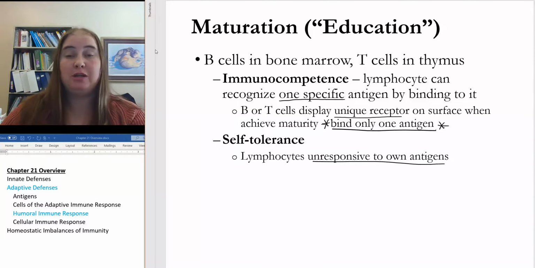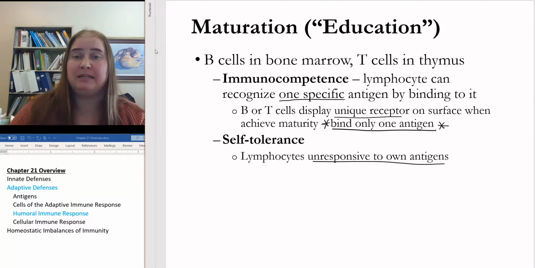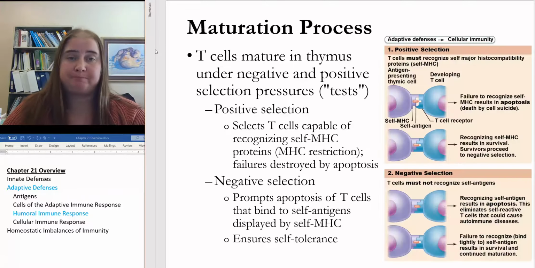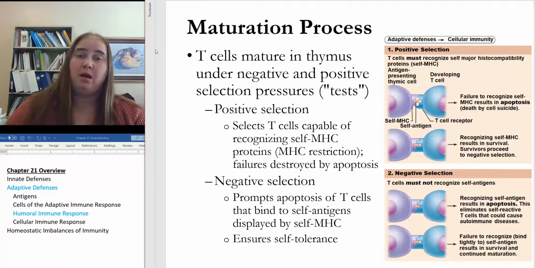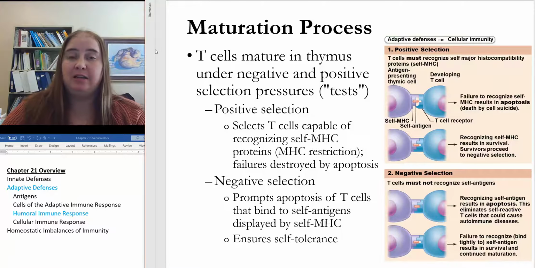So even though on the next slide I'm talking about the T cells and their education process, we're going to assume the B cells do it in the exact same fashion. So, we already said that the T cells will undergo this education in the thymus. Now, just like you guys have to take tests, T cells and B cells also have to take tests.